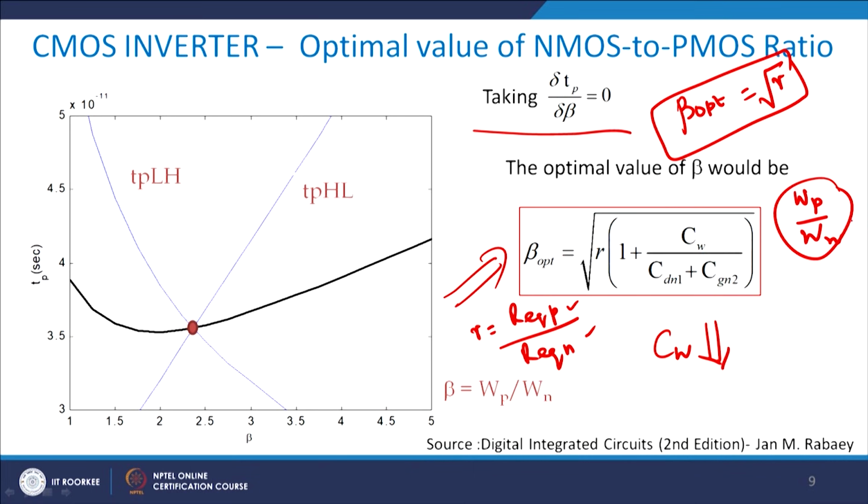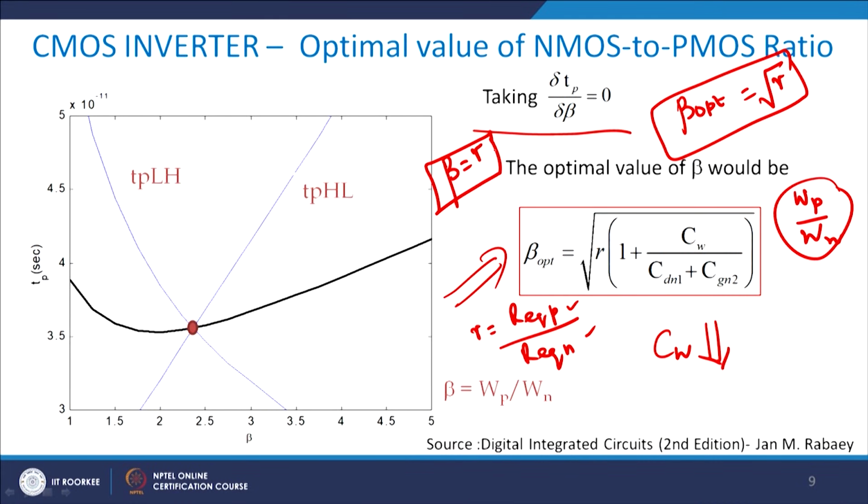But please understand one important issue: when we were discussing a simple inverter and we were trying to fix our switching threshold in the middle at VDD by 2, assuming the threshold voltages are equal, we saw that beta was equal to R only.